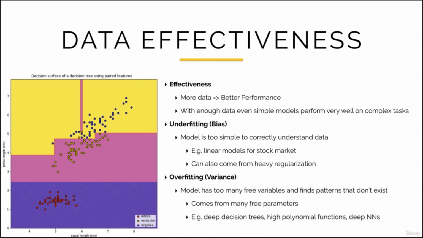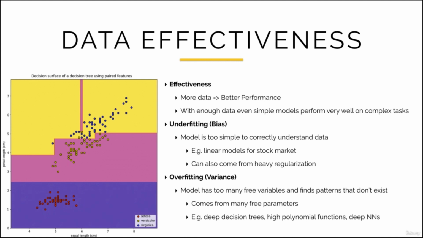And similarly, when you have more variance, that means your model is becoming extremely complex and it has too much freedom. And because it has too much freedom, it's no longer performing well because it's focusing on things that aren't important. And it's finding these things because you're giving it so much freedom.